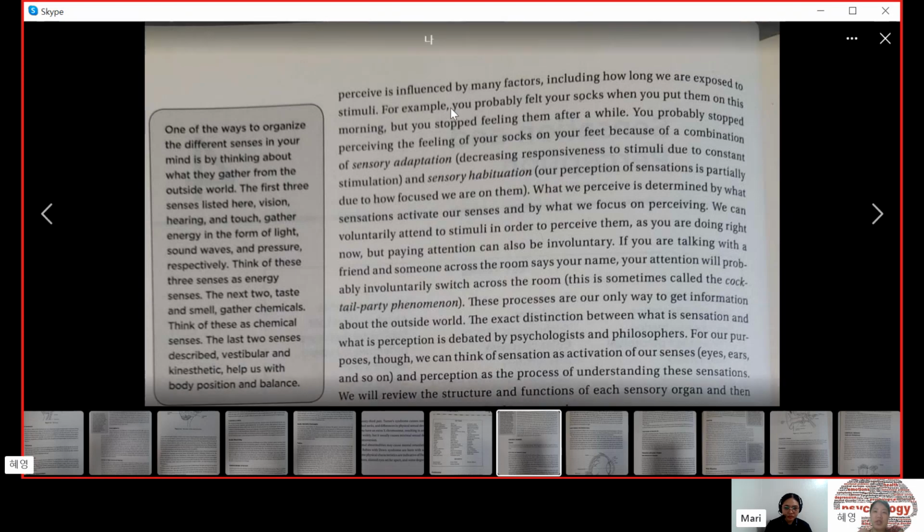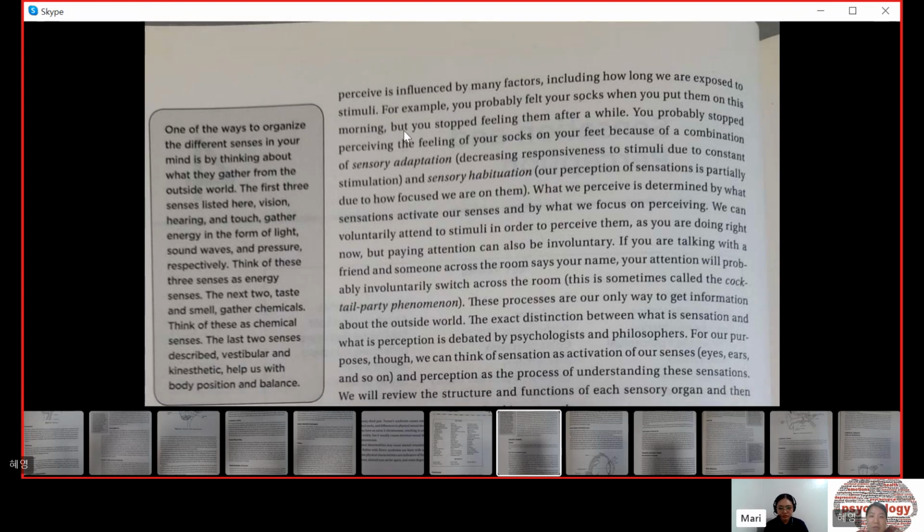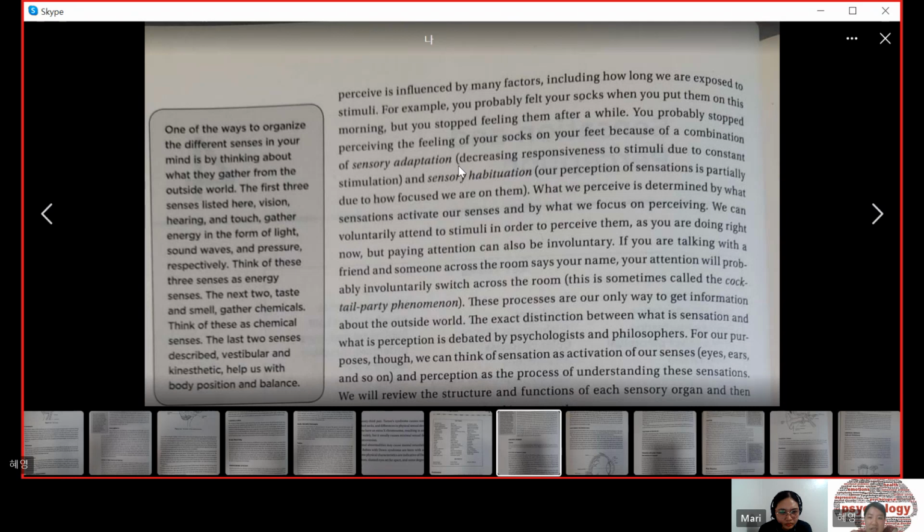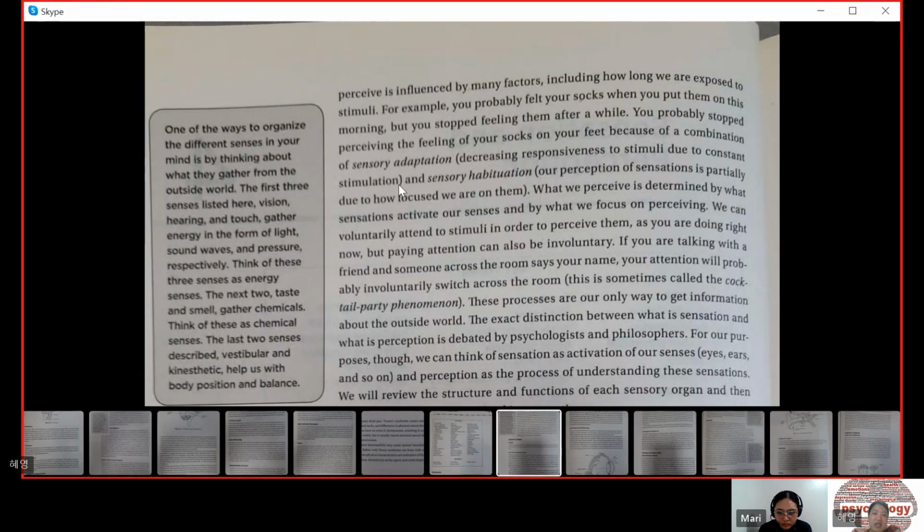For example, you probably felt your socks when you put them on this morning, but you stop feeling them after a while. You probably stop perceiving the feeling of your socks on your feet because of a combination of sensory adaptation, which is decreasing responsiveness to stimuli due to constant stimulation, and sensory habituation.